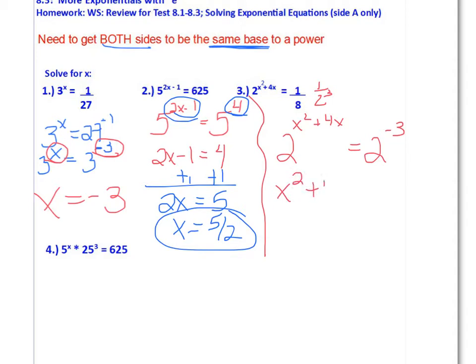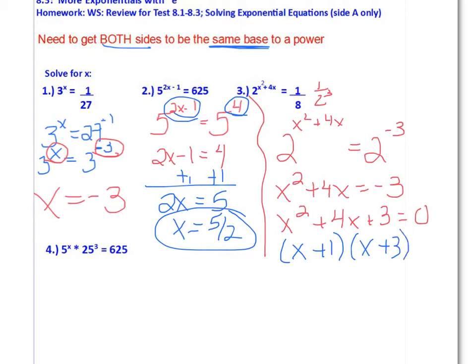Now I can set my exponents equal. I'm going to move everything to one side because we have a quadratic, and we're going to factor. So what multiplies to 3 that adds to 4. So x equals -1 or -3.